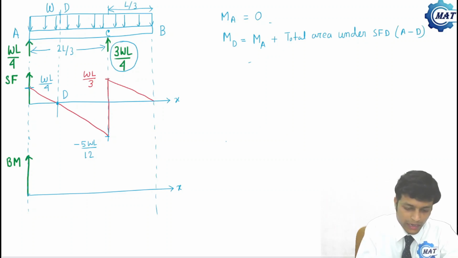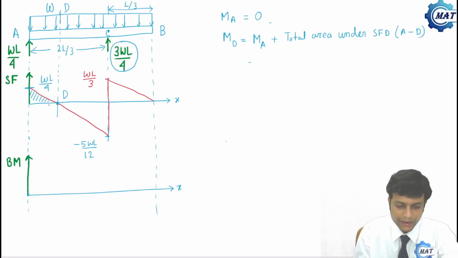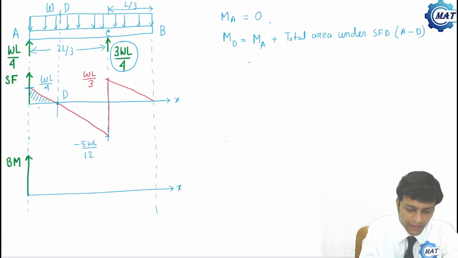So what is the total area of the SFD? This area. We know that the height is WL by 4, but we do not know this length. What is length AD? Say the length of AD is p.